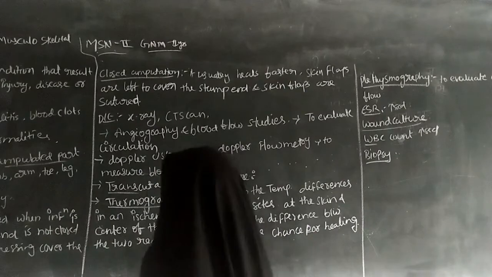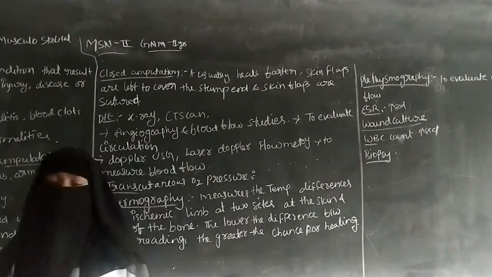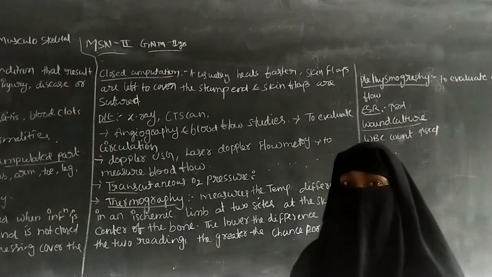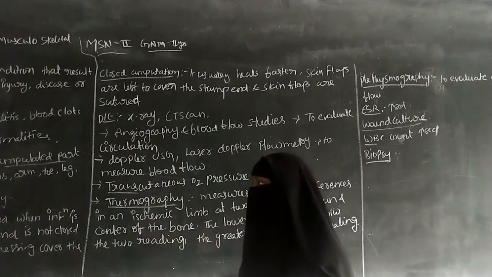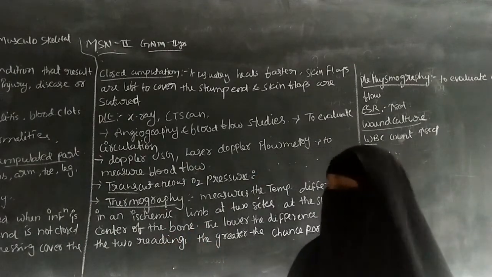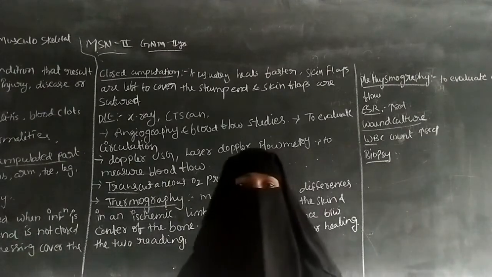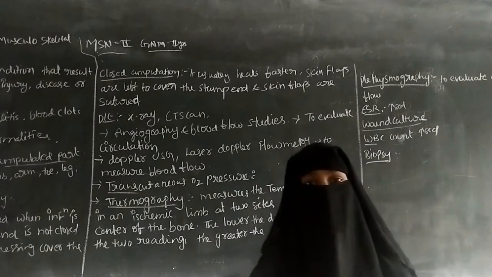So, next one is closed amputation. In the closed amputation it can heal very fast when compared with the open amputation. In the closed amputation, the wound can be closed by skin flaps.